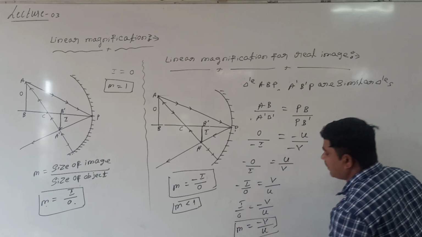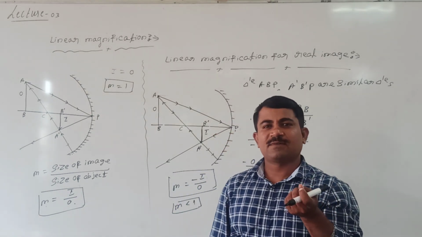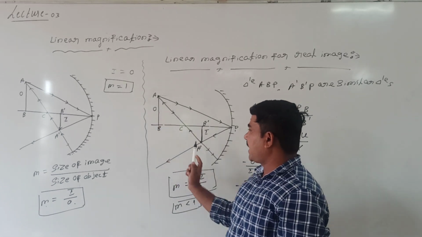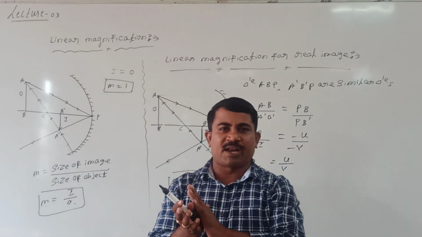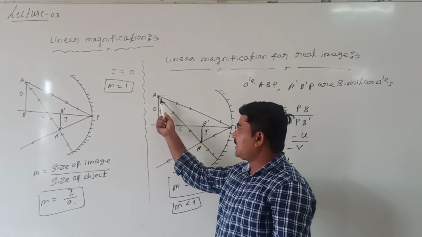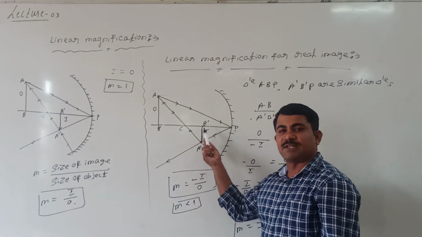It is the general formula. But how do we decide whether linear magnification is positive or negative? It can be decided by object distance and image distance, where upward direction is taken to be positive. Here, object size is in the upward direction, that is positive. Image size is in the downward direction, that is taken to be negative.